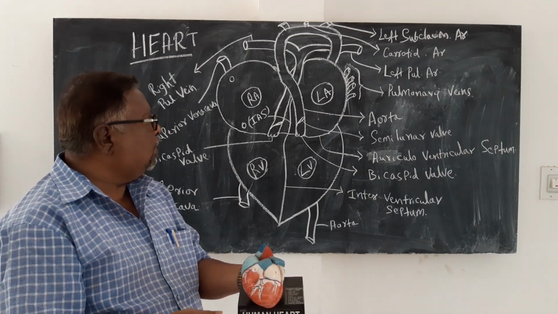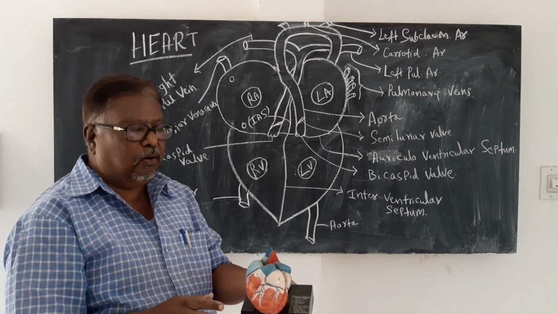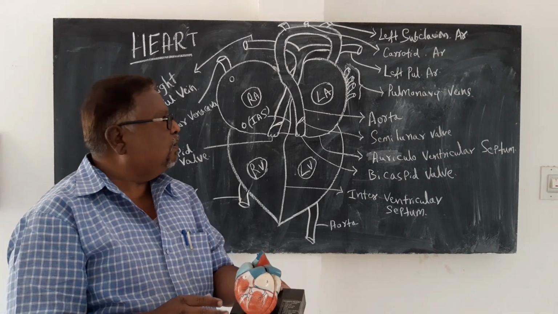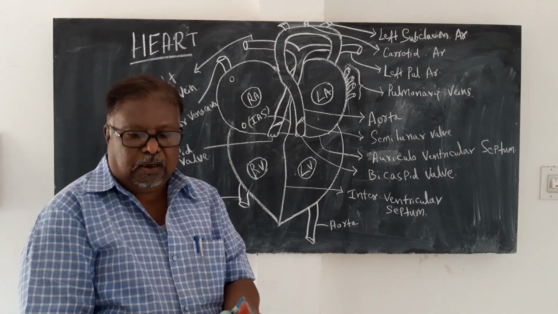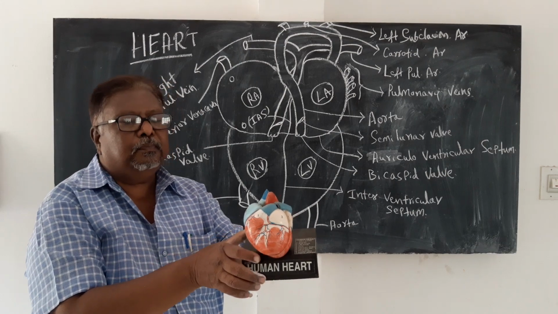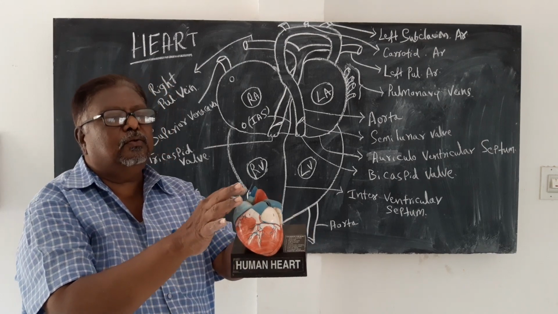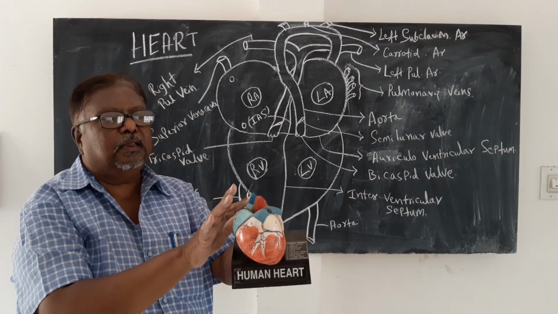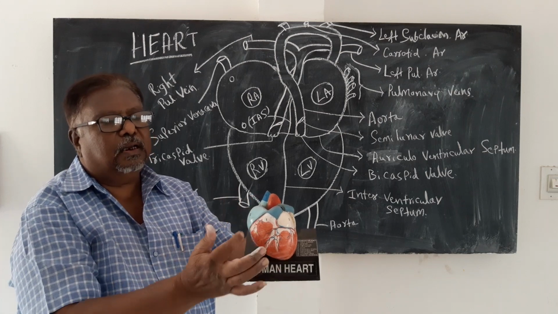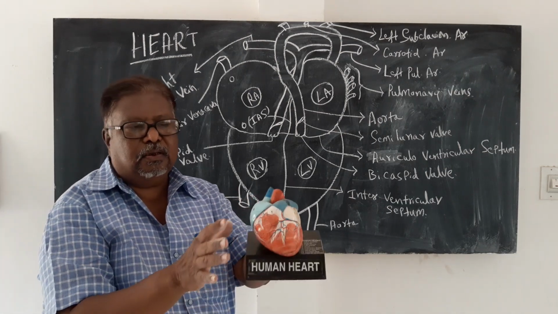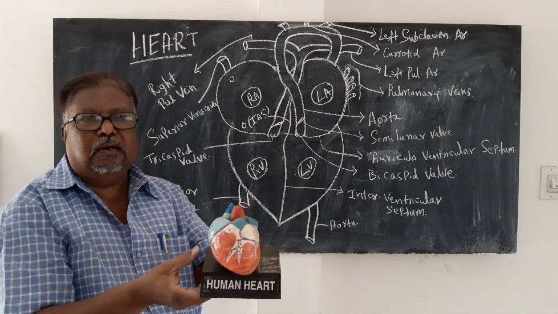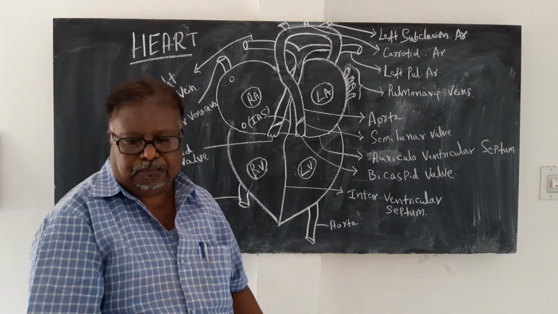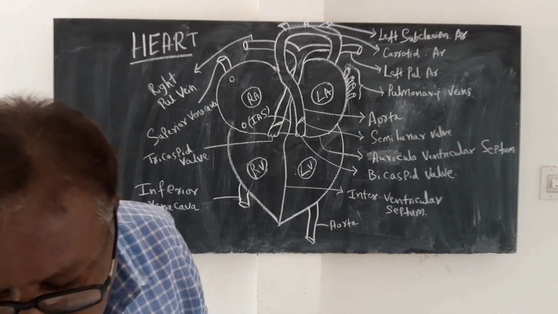These are the 2 very important vessels which come out from the heart. This is the model. These are the 2 blood vessels. These are the pulmonary veins, auricles and ventricles. Apart from this, the figure on the board is clear to understand.